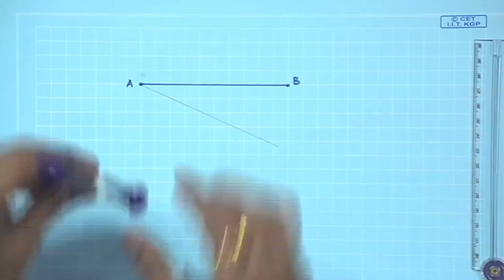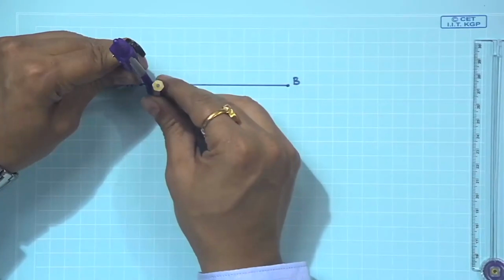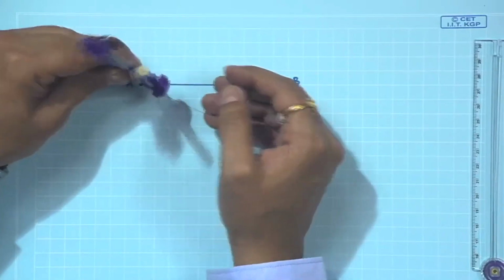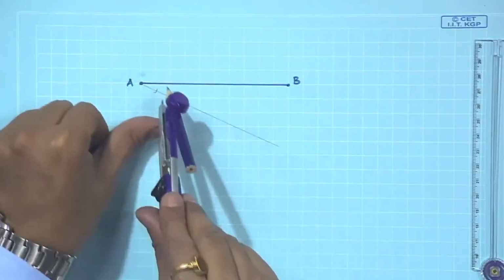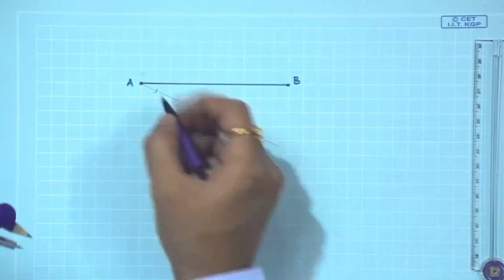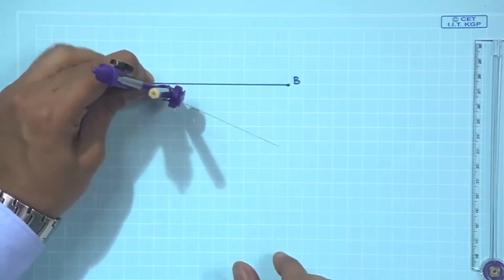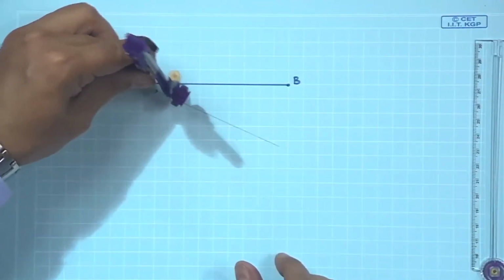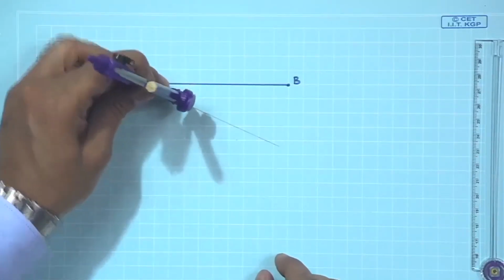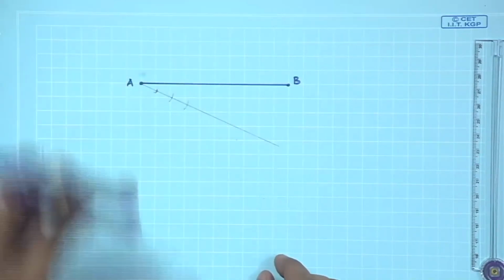Now, on that line, pick an arbitrary radius, mark these points. So, use this point, let us mark this one, pick this one as center, mark second point. Similarly, use that one as center, mark another one.